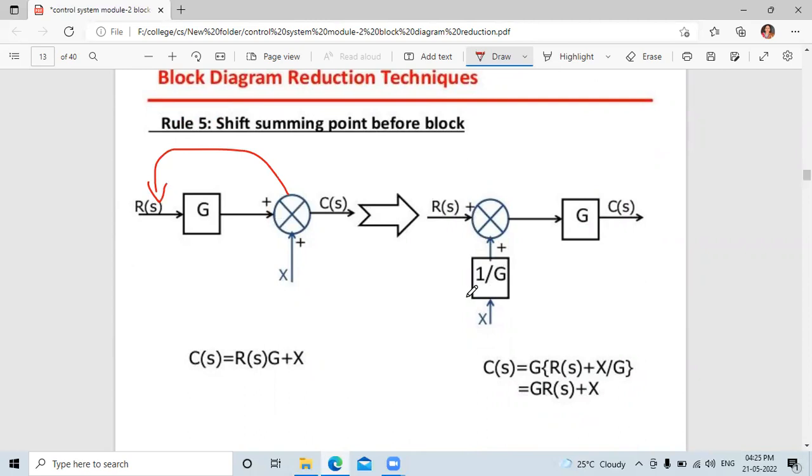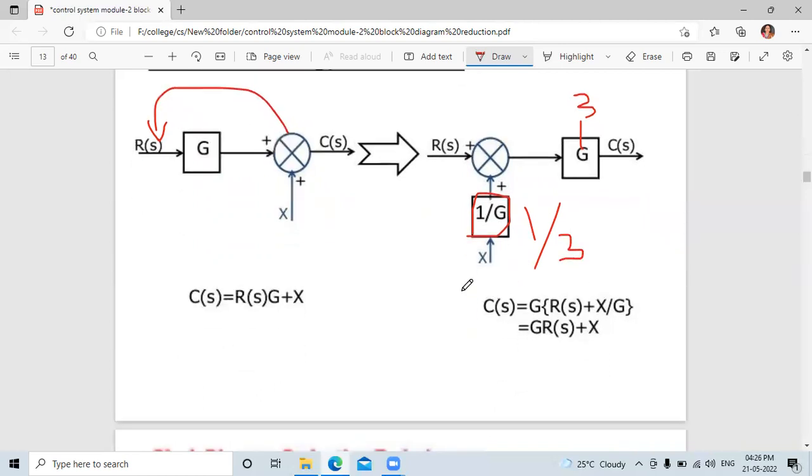You need to multiply 1 divided by G. For example, if the value is number 3, then 1 divided by 3 we need to consider here. So for this equation, C of S equals R of S into G plus X. This is for this figure.